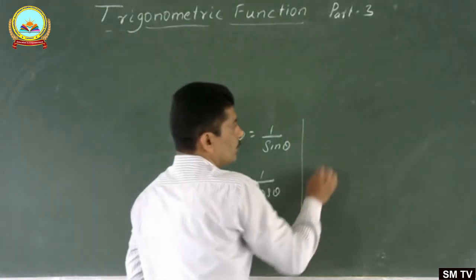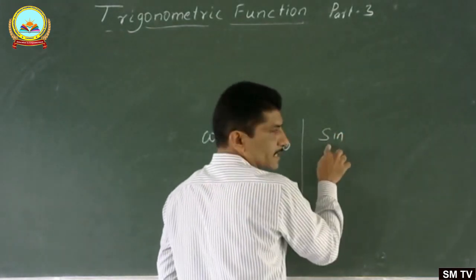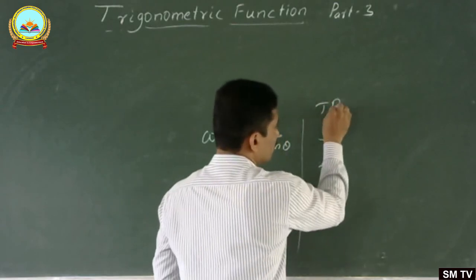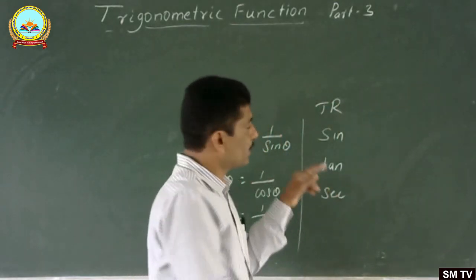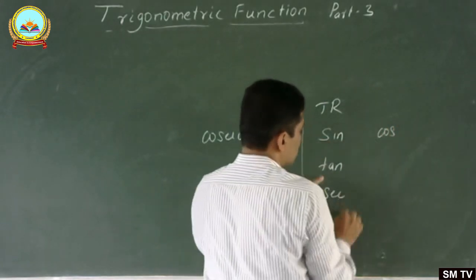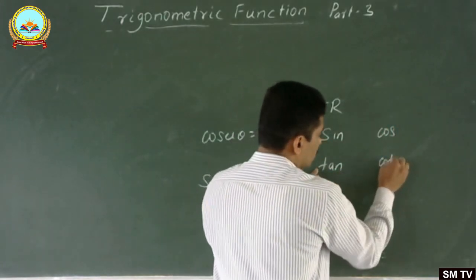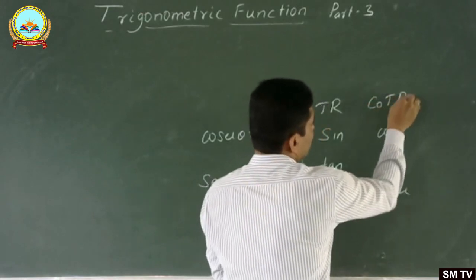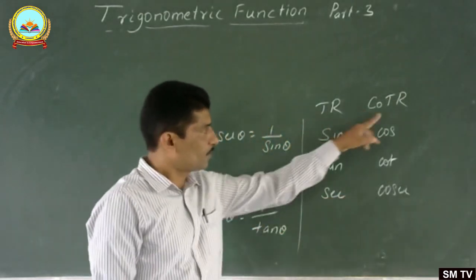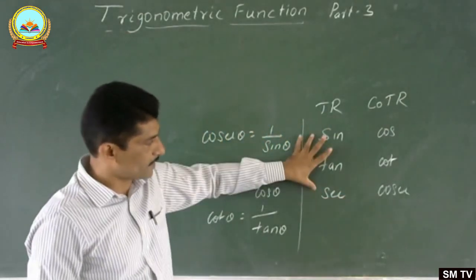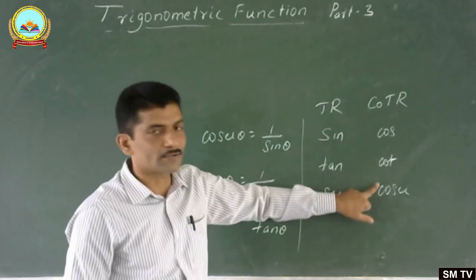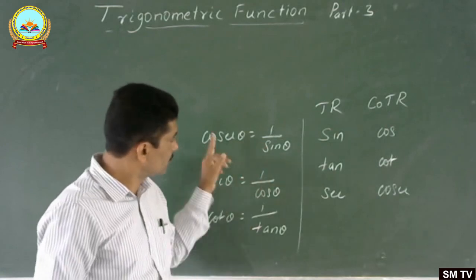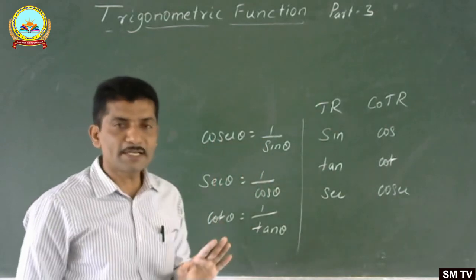Similarly, sine, cos and tan are called the trigonometric functions. Next, cosine, cotangent, cosecant are called the cotrigonometric functions or ratios. These are called the trigonometric ratios, and these are called the reciprocal trigonometric functions.